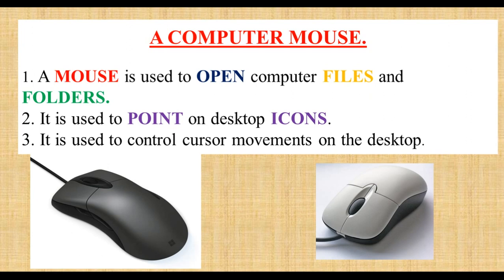So when you move the mouse, the arrow that moves around the desktop is what we call the cursor. You can move it onto the desktop in different locations basing on the operation you want to do. Let's say you want to open a folder, you will double click on that folder. You want to select a certain icon, you point and click. So it depends on the operation you want to do when you're using a mouse.